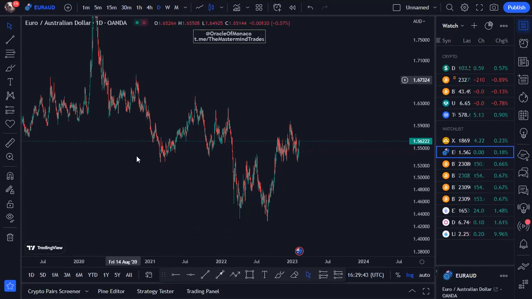Since this doesn't just represent what happens in the market on a particular time frame, because I am of an opinion that market moves inside out, meaning that market turns from smaller time frame into bigger time frame.